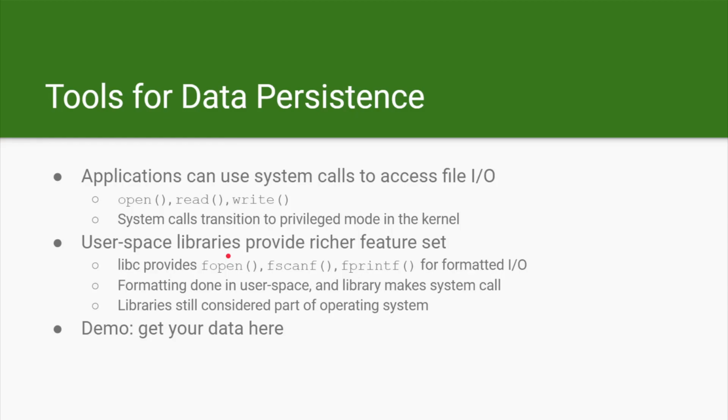For example, we've been using the printf to format the data we want to display on the screen. The printf is a function within a user space library. And there are lots of different formatted I/O, and we've seen some threading calls in the thread demo.